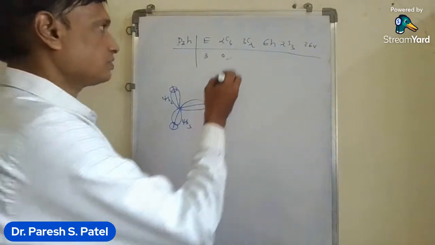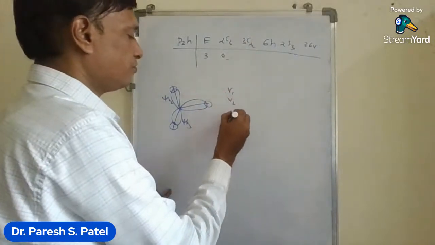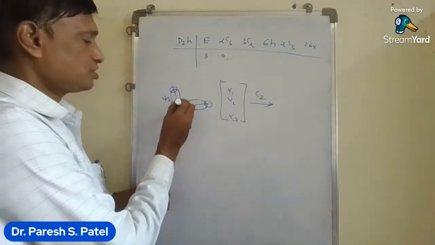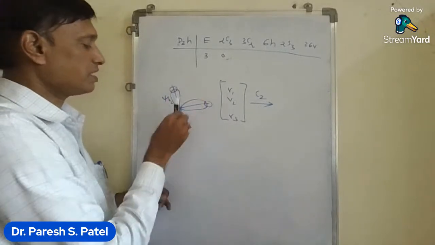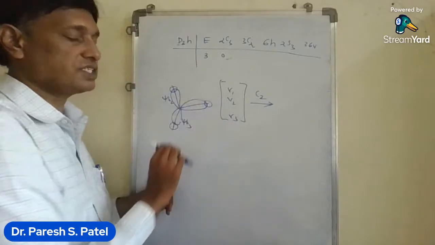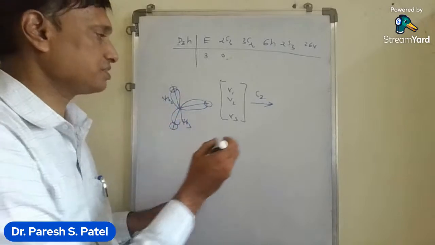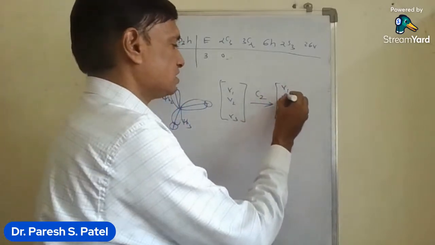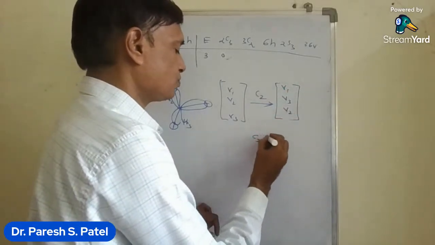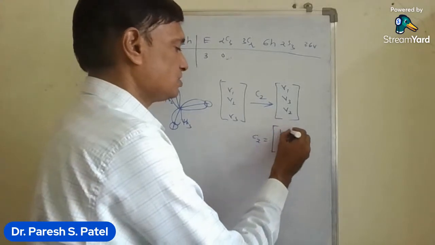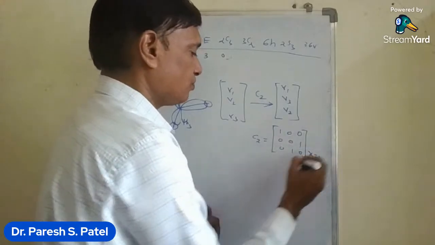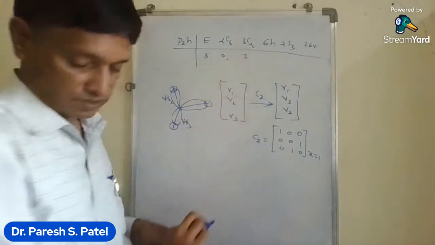Now in case of C2, if we operate C2, this is the main principal axis, and any one can be considered as a C2. If we operate the C2 symmetry operation, the position of that vector remains unchanged and the others will be changed. V1 remains as it is, and V3 and V2 will be interchanged. So the matrix representation for C2 is 1 0 0, 0 0 1, 0 1 0, and the character is equal to 1.